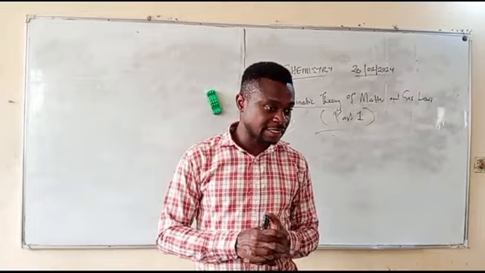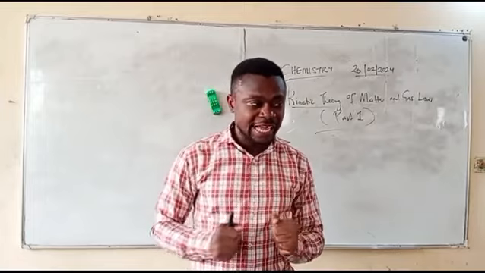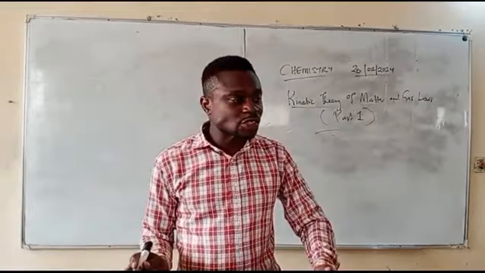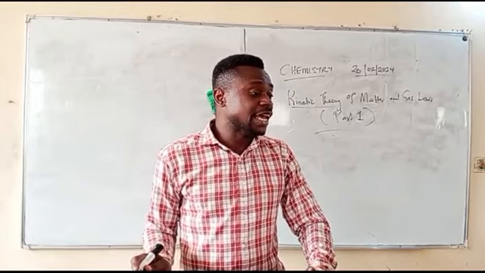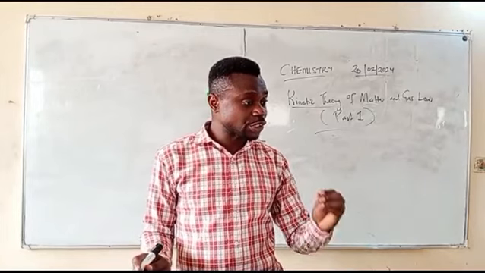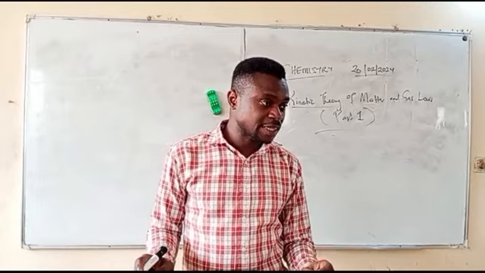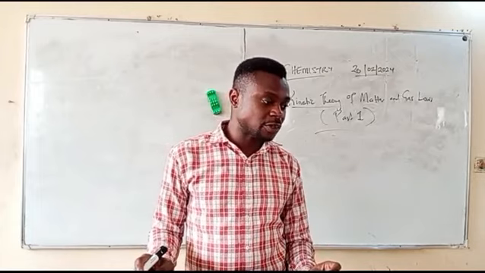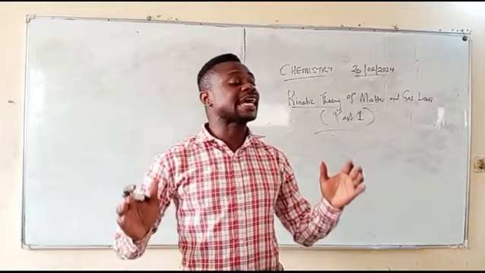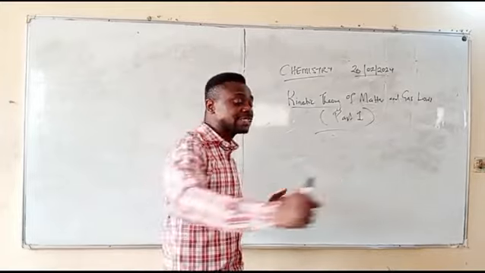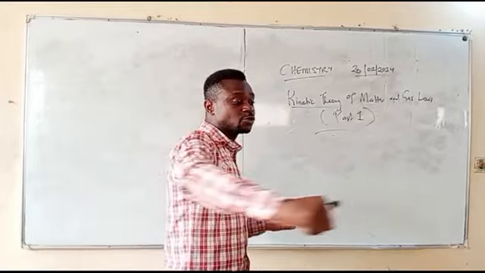Am I communicating? This is why solids have definite shape and definite volume. The particles don't move about. They are in a fixed position. The only thing they can do is vibrate about the fixed position.